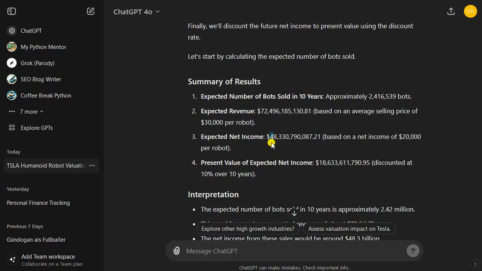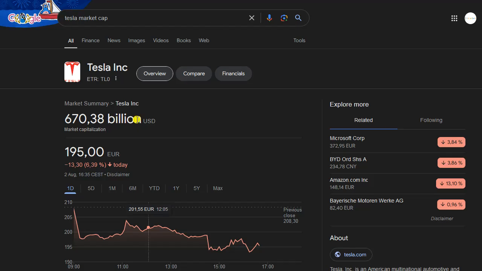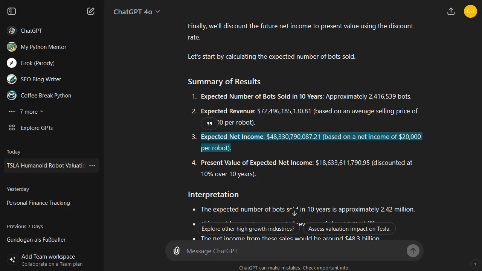So 30 times 48 billion is roughly, what is it? 1.5 trillion market cap company in this future scenario. Today the market cap of Tesla is only 670 billion.